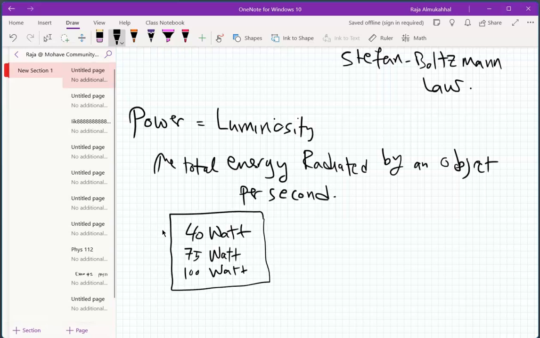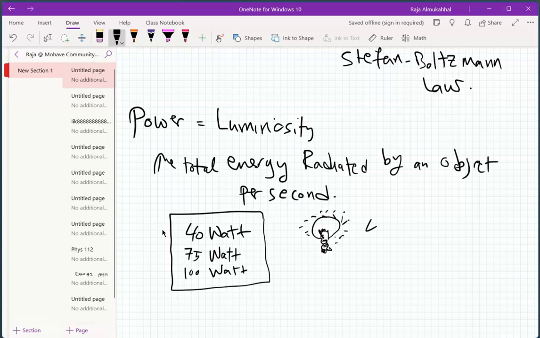What that means when I buy a light bulb, so here is a light bulb. Again, we're talking about the classic light bulb. And you put it in the socket, and now it's emitting light, right?